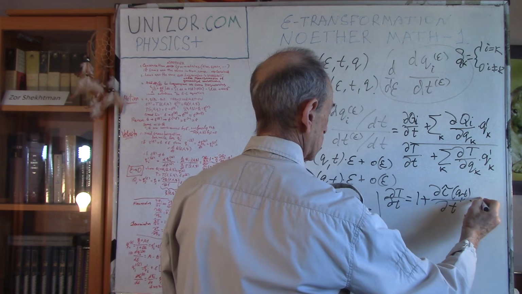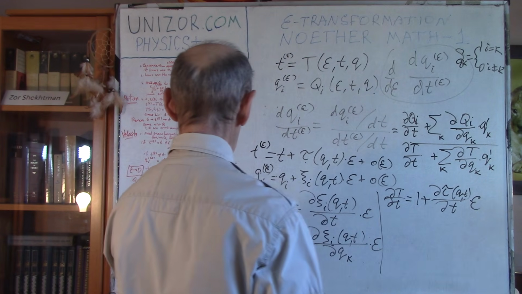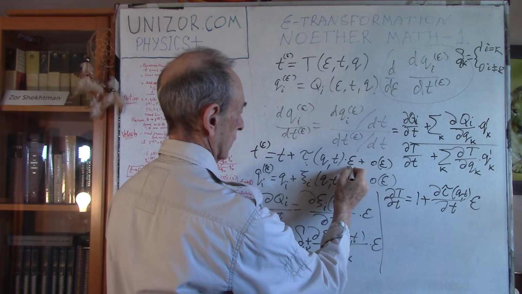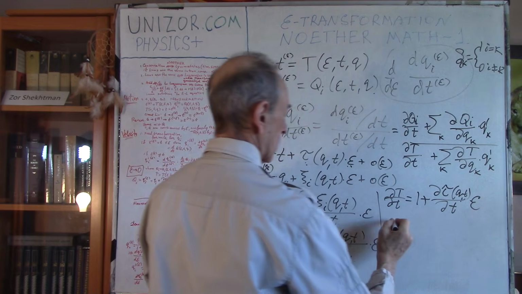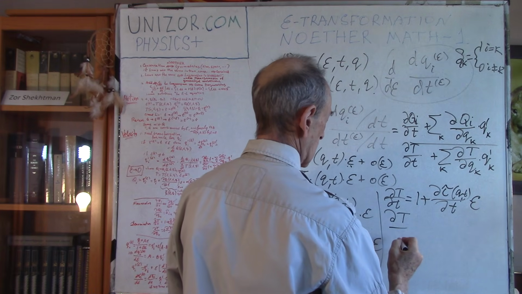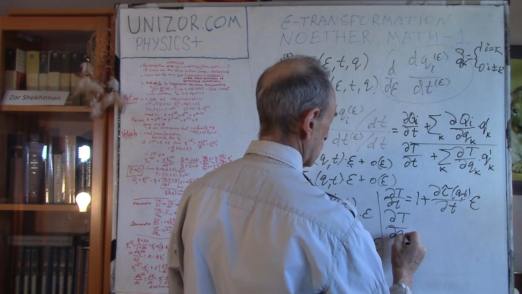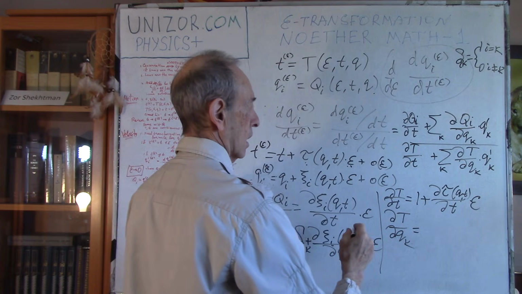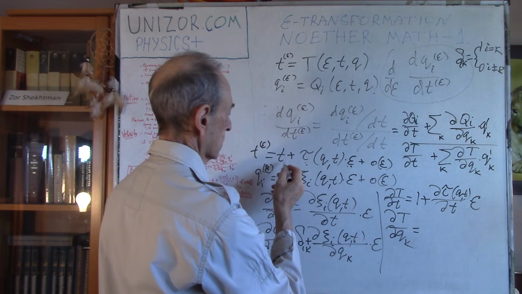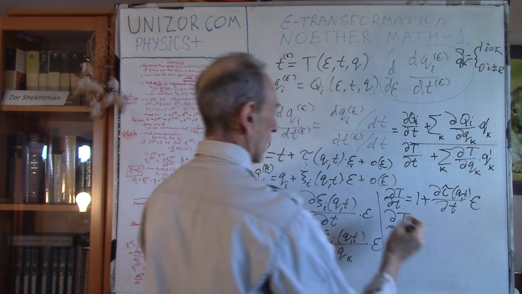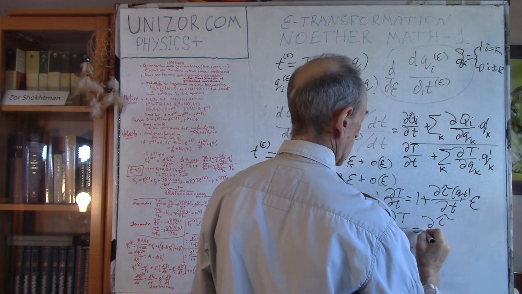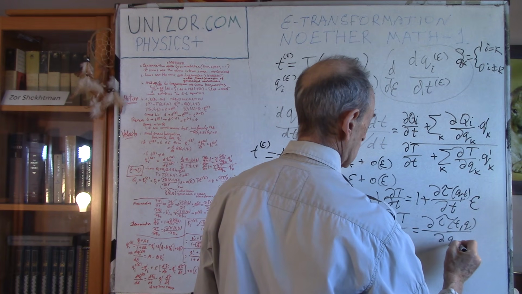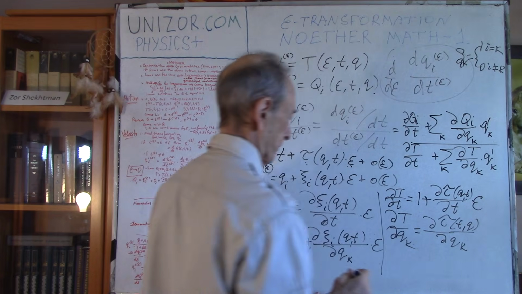And epsilon. Yeah, I have to multiply by epsilon as a constant. And differentiation of time by dqk for this one. Okay, the first parameter is not dependent, so it's only tau. D tau of tq divided by dqk. Okay.